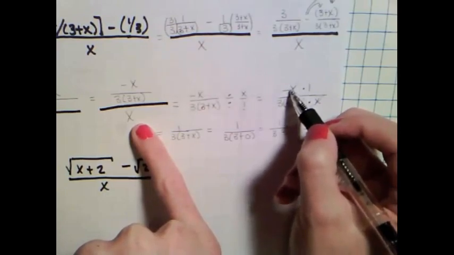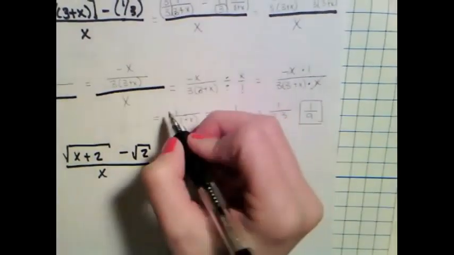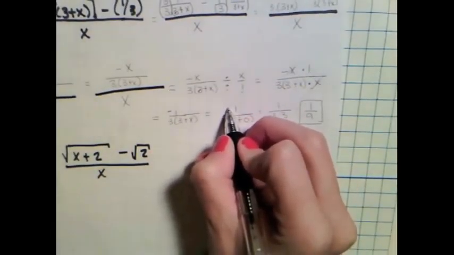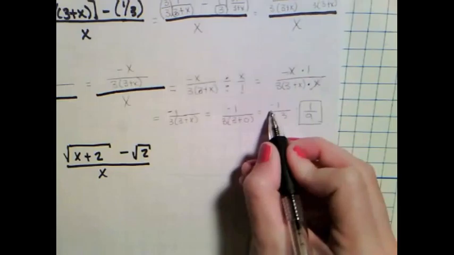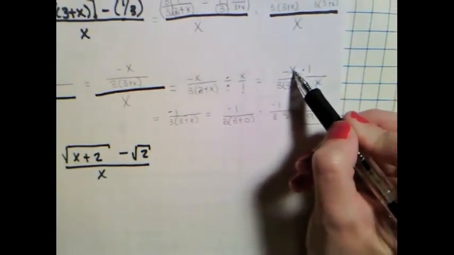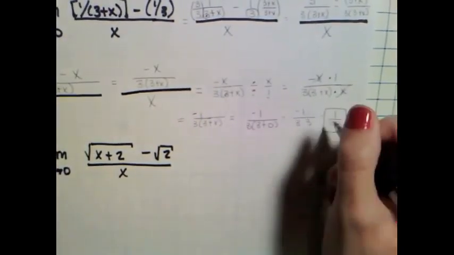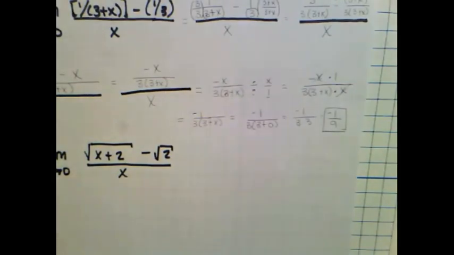So I still have this negative 1 in my numerator. And I can see that I did not carry that through when I worked that out. So this is a negative 1 because the numerator x was a negative x. So this is going to give us the negative 1/9.